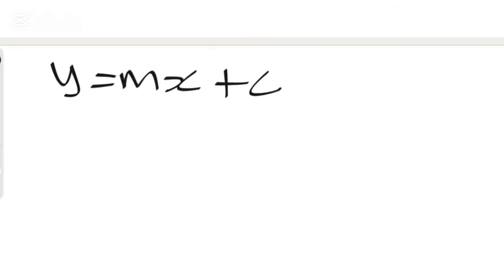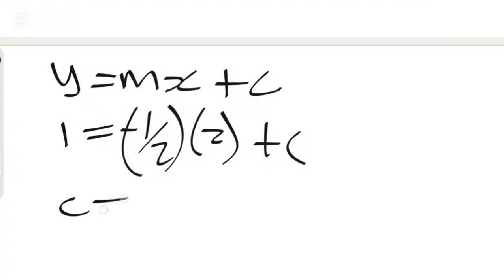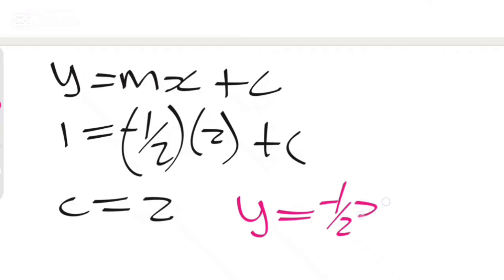The y is 1, the gradient is minus 1 over 2, x is 2, plus c. And then it is going to be minus 1. When you transpose, c is going to be 2. Then when you substitute, y equals minus 1 over 2 x plus 2. That's our equation.